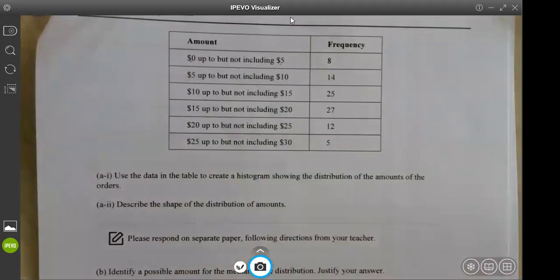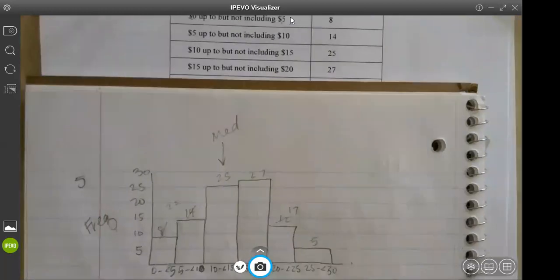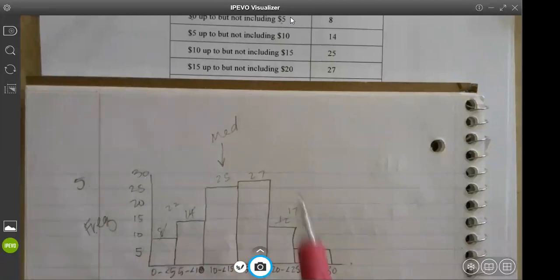So if we make our histogram, I made it like this: 0 to less than 5, 5 to less than 10, 10 to less than 15, 15 to less than 20. The frequency goes on the side. And then I put the numbers up here, 8, 14, 25, 27, 17, 12 and 5, because then it asks you for the median.